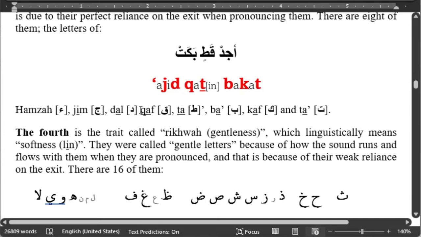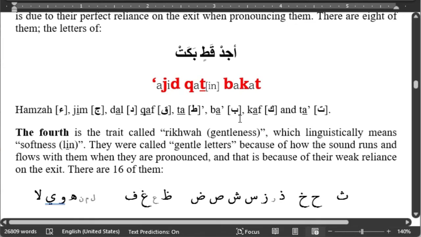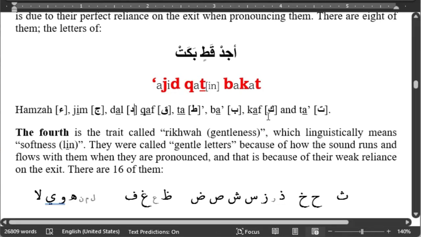Ta, فليطوفوا stops the sound altogether. Ba, وفاكهة وأبا stops the air and the sound. Kaf, كي نسبحك كثيرا according to a recitation, stops the sound altogether.